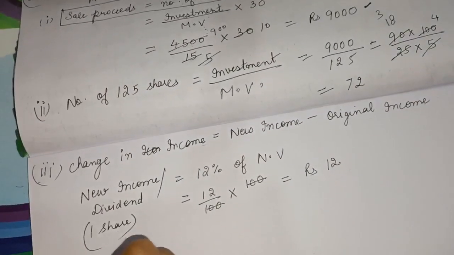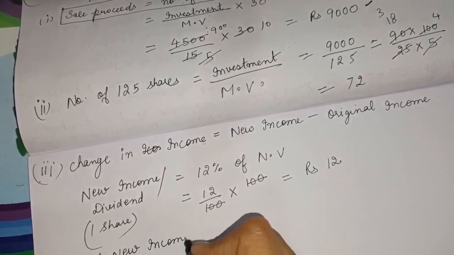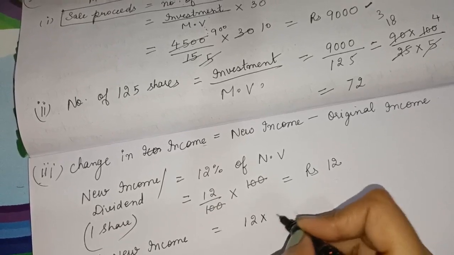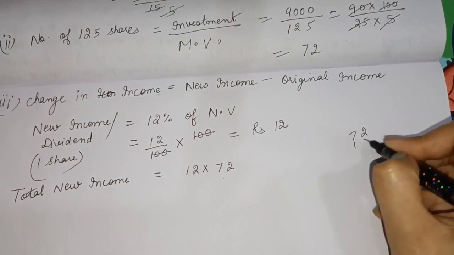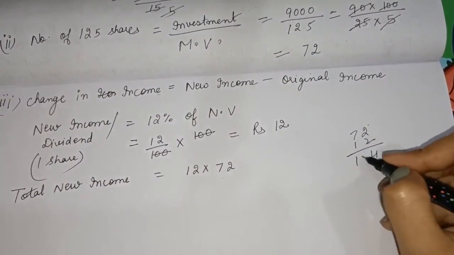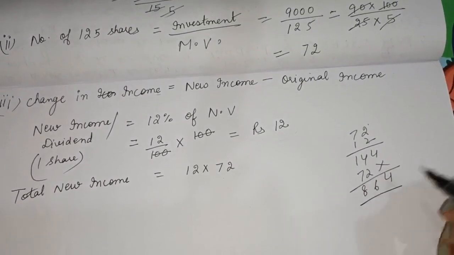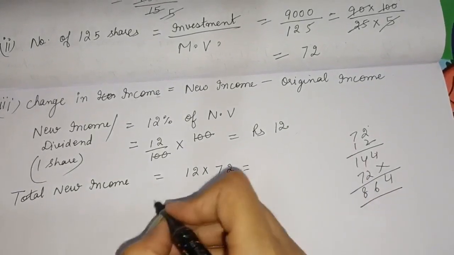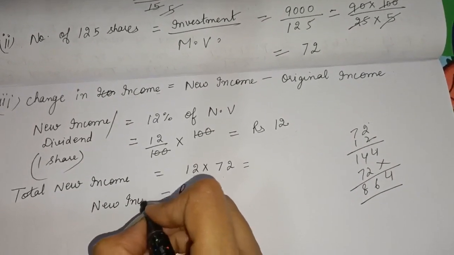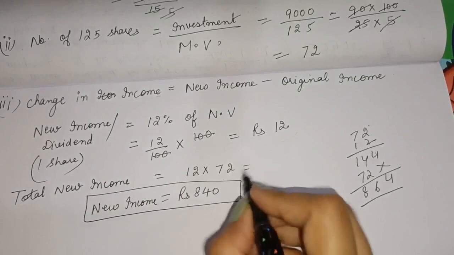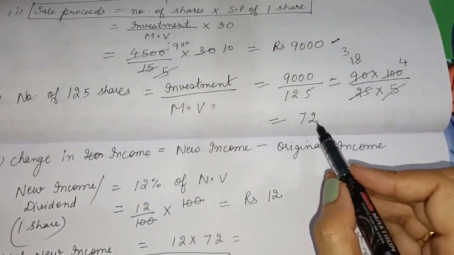So total new income is 12 into 72, which is rupees 864. When finding new income, it is the income of one share into number of shares.